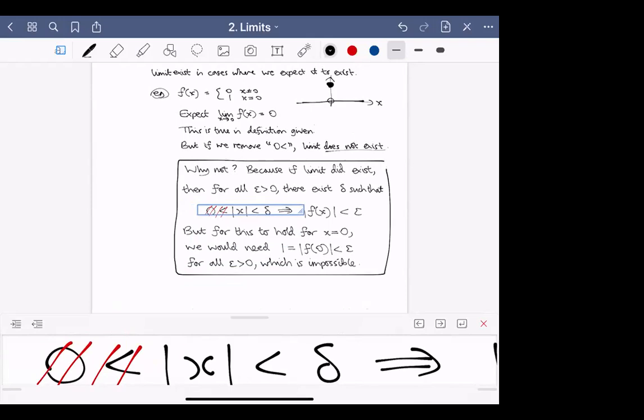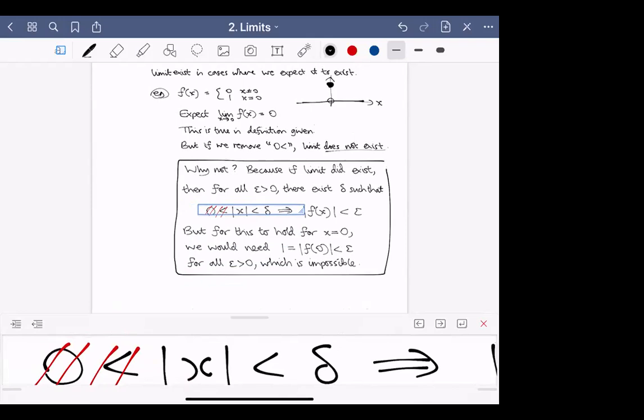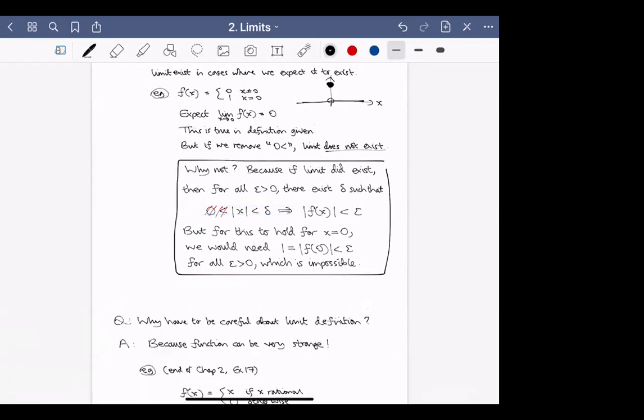And similarly, if we remove the greater than 0 from the limit definition, the limit does not exist in many cases where we would want it to exist. Okay. So I know this is a little bit complicated and subtle, but if you just think about it and read over the examples again, I hope it will become clearer. It just takes a bit of time.